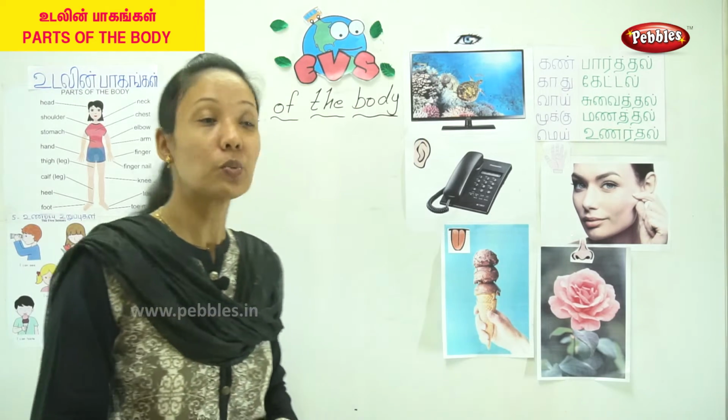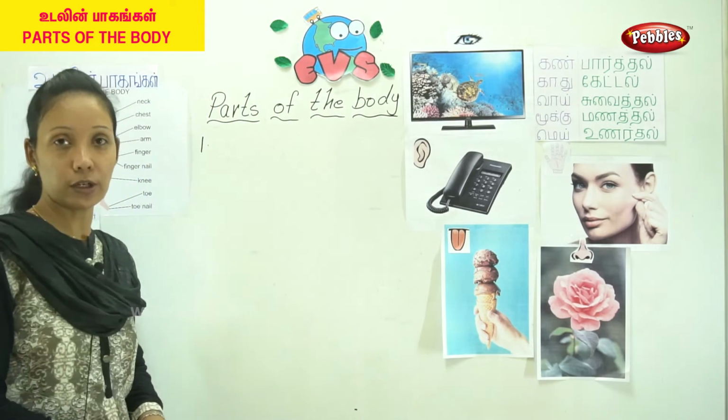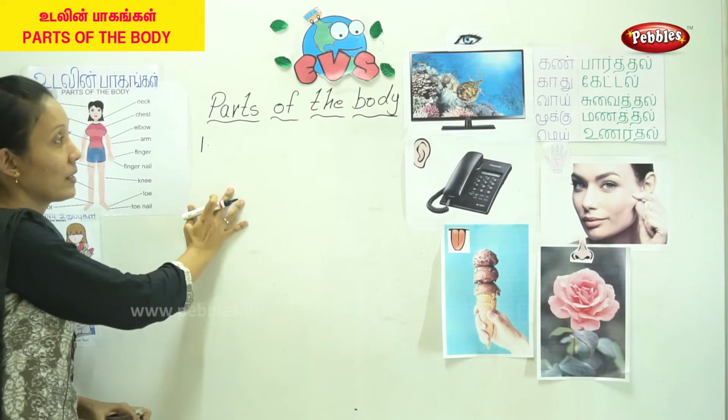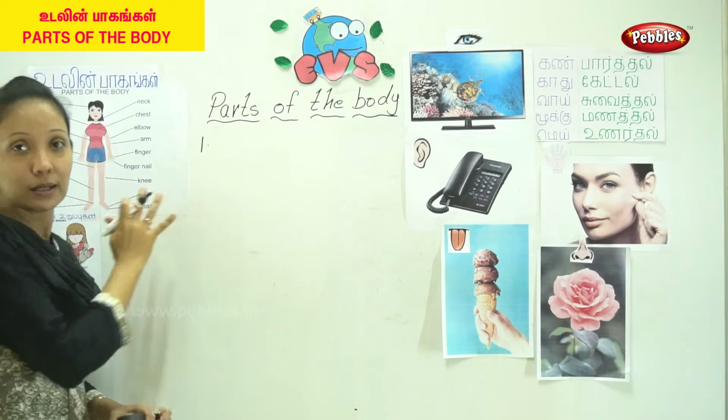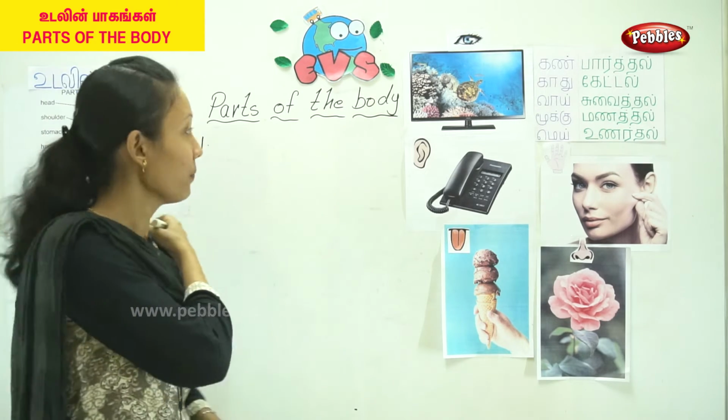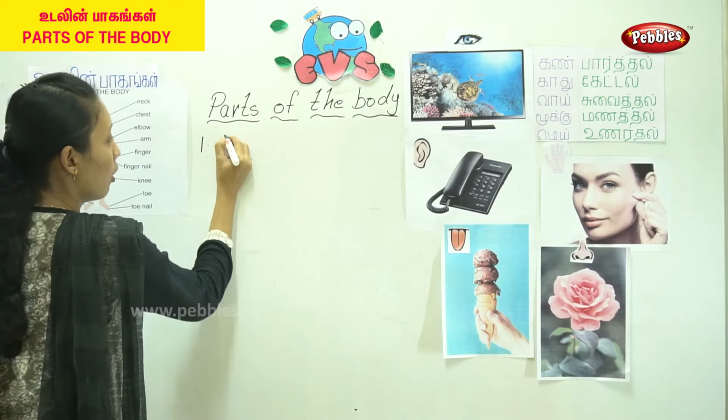Okay, so first we will write the parts of the body. இப்போ முதல்ல இப்போ என்ன செய்யலாம்? Parts of the body, அதாவது உடலின் பாகங்கள் first என்னன்னு பார்க்கலாம். Okay, so first you have your head.